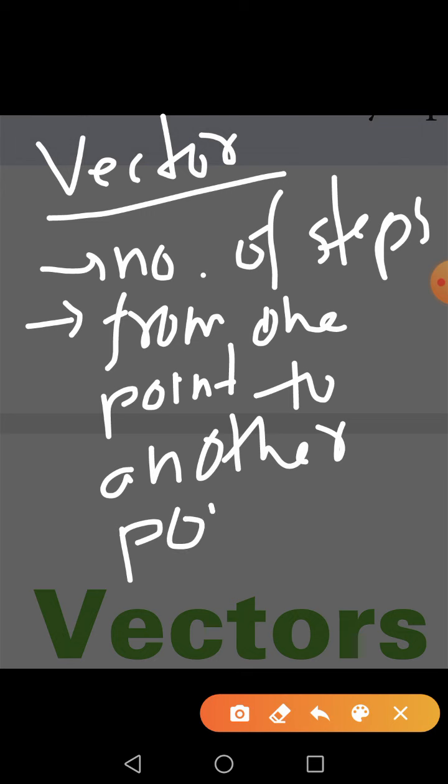Okay, so vector usually refers to the number of steps that you have to walk in moving from one point to another point.